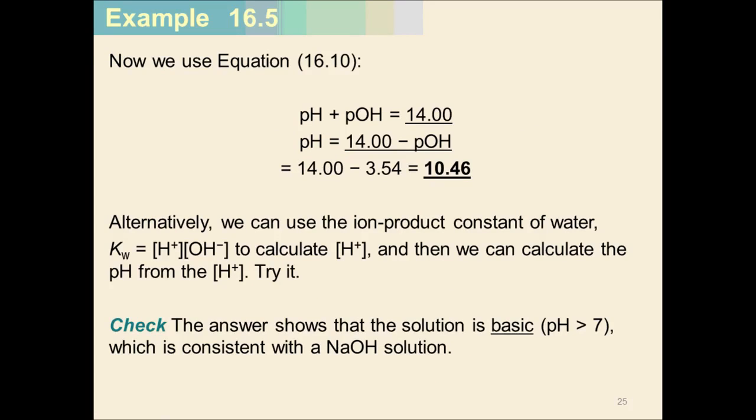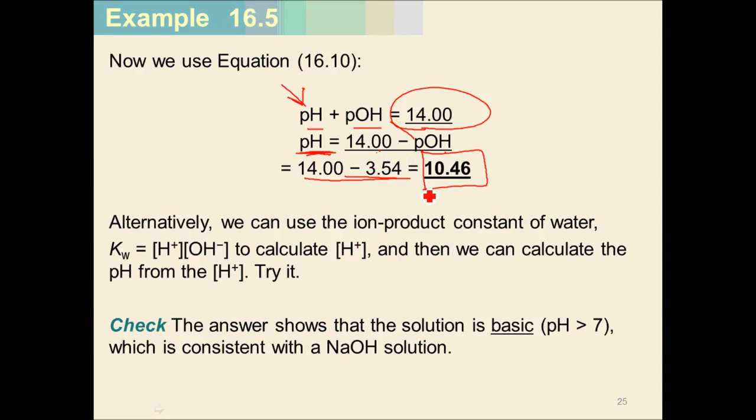Now, on slide 25, we use equation 16.10. If pH and pOH add up to 14, then solving for pH, it's equal to 14 minus the pOH. So 14 minus 3.54 gives us a pH of 10.46.